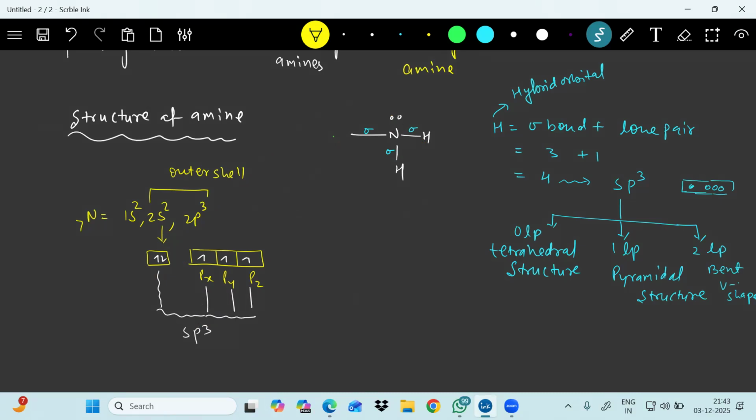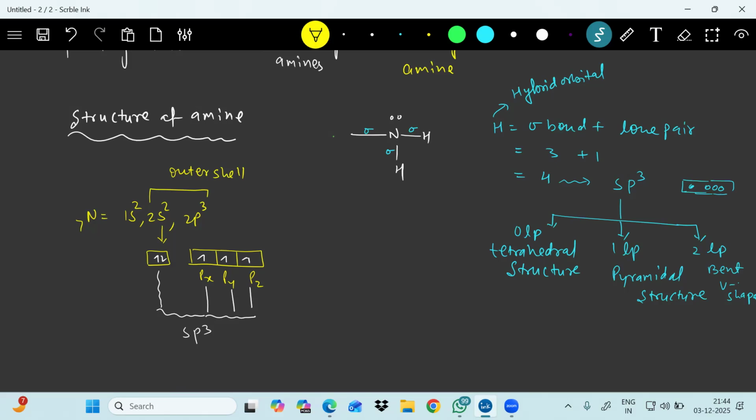And sir, after that you told about tetrahedral, pyramidal, and bent. Can you tell that again? Yes. If there are four hybrid orbitals, the structure will be tetrahedral.